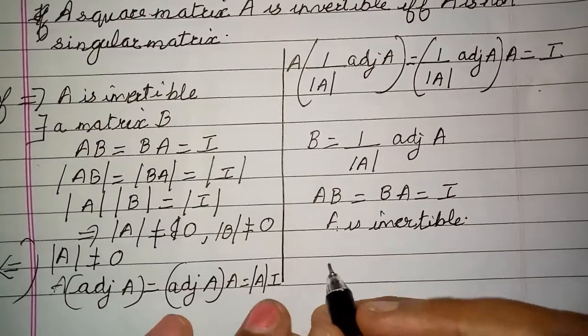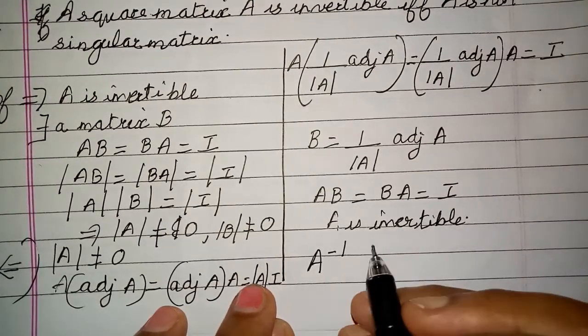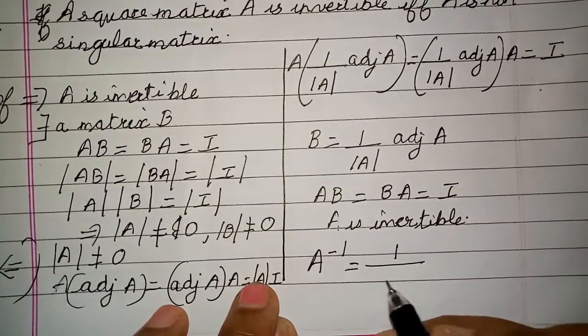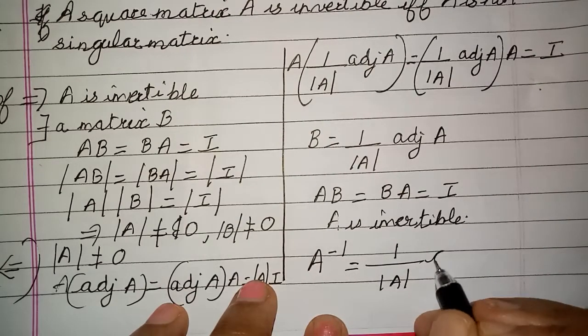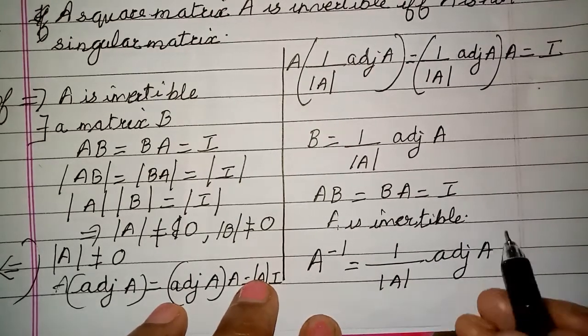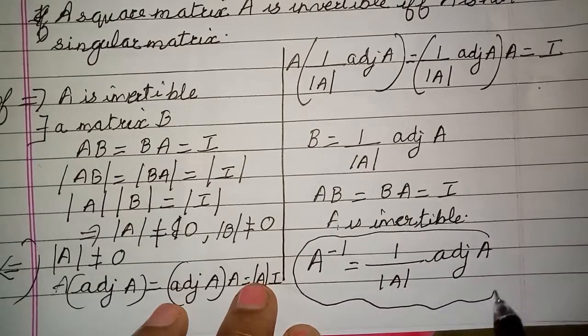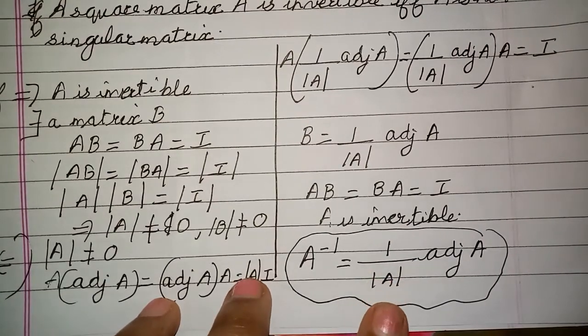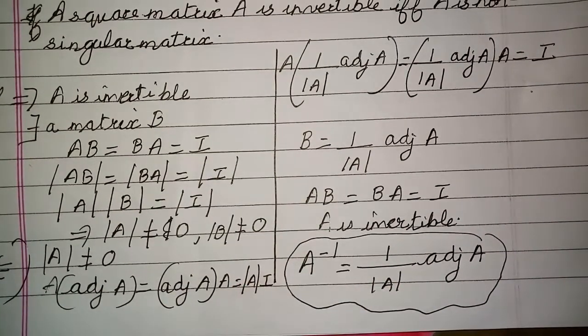Because of this I got a formula, children. It says that B, which is nothing but my A inverse, is given by the new formula: A inverse is equal to 1 upon determinant of A into adjoint of A.